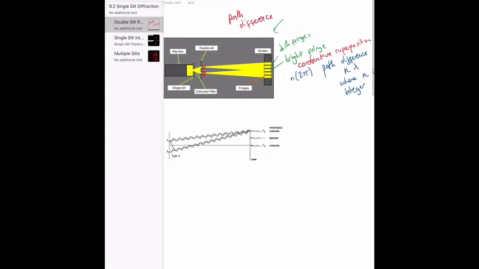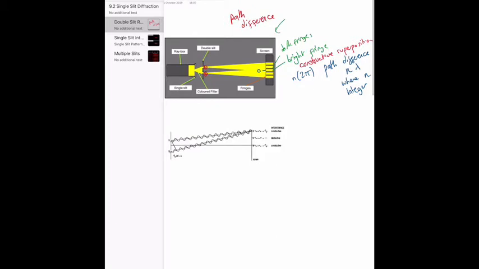So looking at those bright fringes, in the centre here, there's going to be 0 path difference. They're going to have travelled the same distance from slit 1 as from slit 2. The next fringe along would have had to travel further from one slit than the other, specifically lambda metres further.